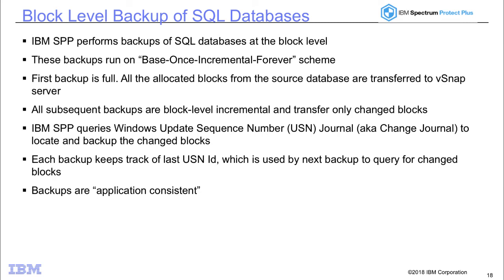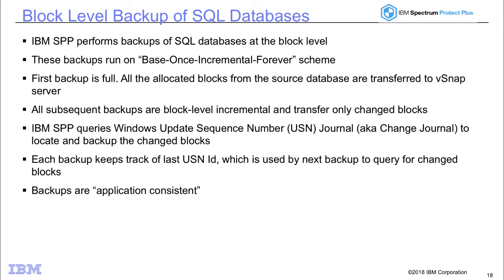Then after that first full, all the subsequent backups are going to be block level incrementals and transfer only the changed blocks. The way it achieves this is it queries the Windows Update sequence number, or USN, change journal to locate and back up the changed block. So it's almost the same technology, or probably is the same technology, to be honest with you, that's used with AAG log shipping.